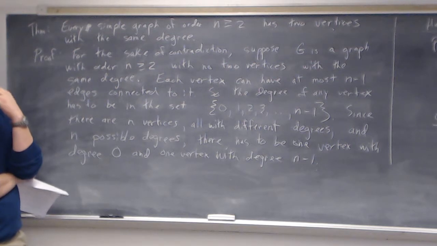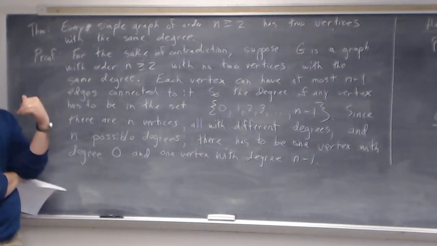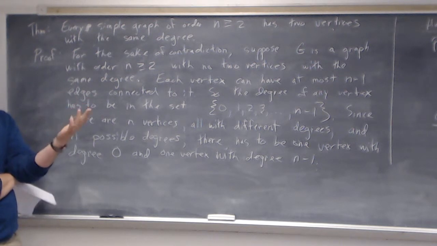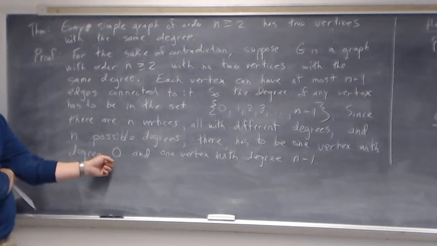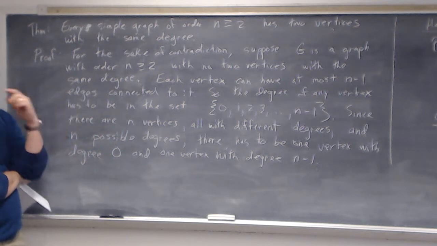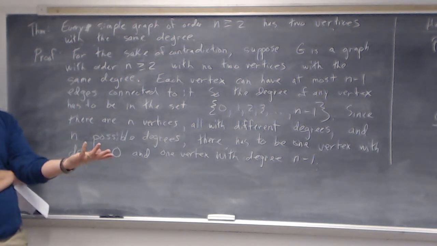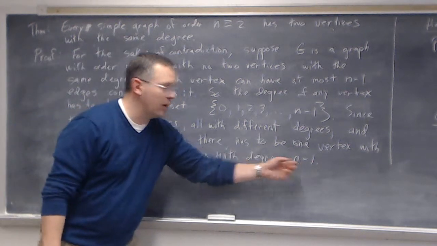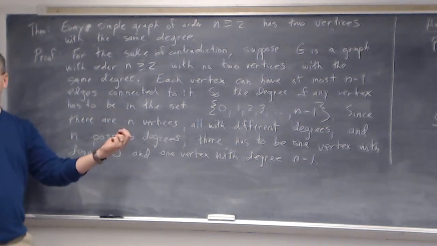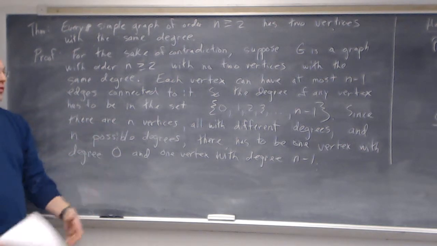Right? So there's n vertices, there's n possible values for the degrees, and each one has a different degree. Then one has to have degree 0, and one has to have degree n minus 1. This is a contradiction. Okay, do you see why it's a contradiction? Because degree 0 means it has no edges connected to it. Degree n minus 1 means that vertex is connected to every other vertex. You can't have both.